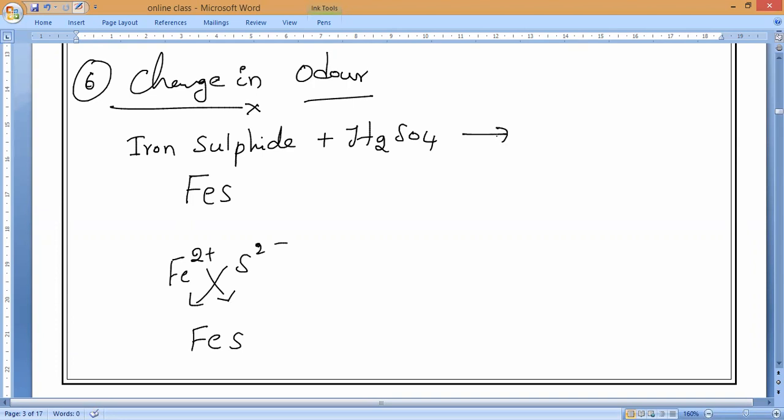What will the products be? Ferrous sulfate and hydrogen sulfide will come.